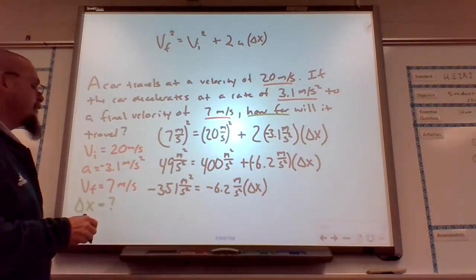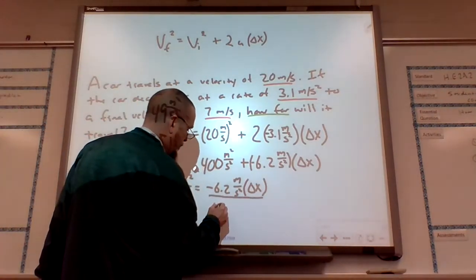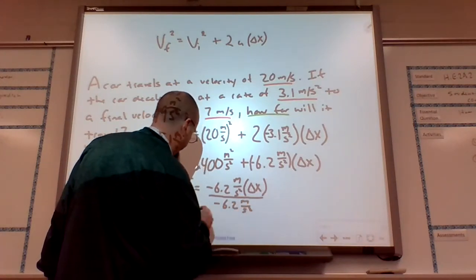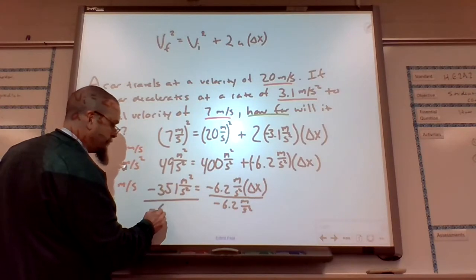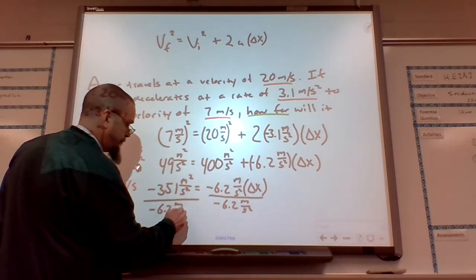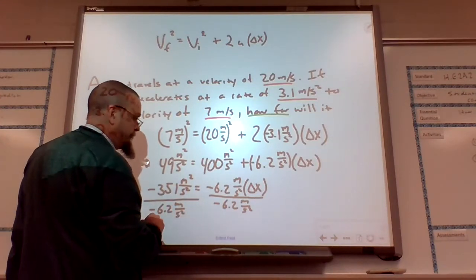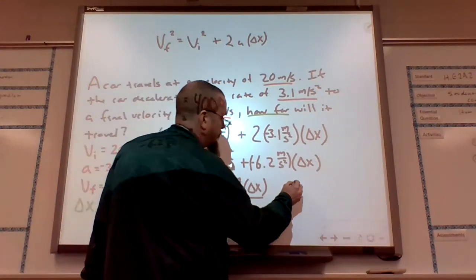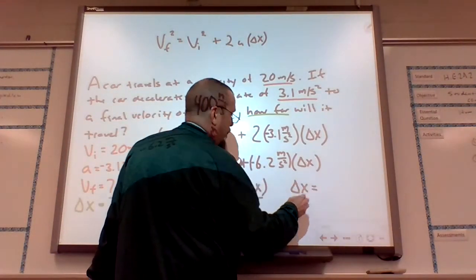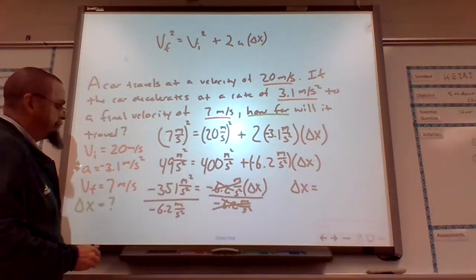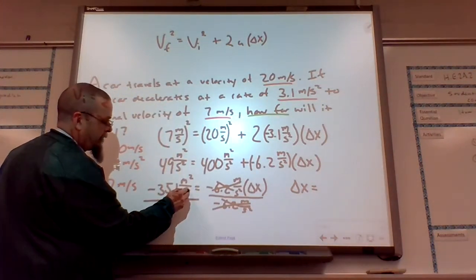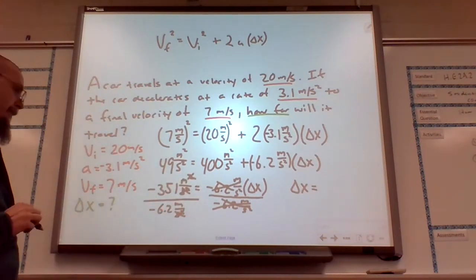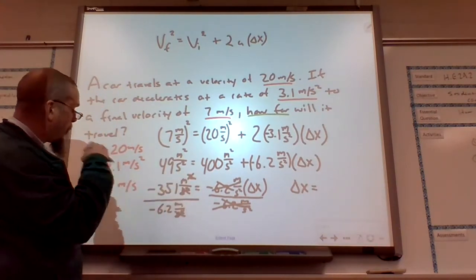And then to solve, I'll divide both sides by negative 6.2 meters per second squared. So that all cancels out. And it's delta X equals. The second squared will cancel, and one of the meters will cancel because it's meters squared over meters.